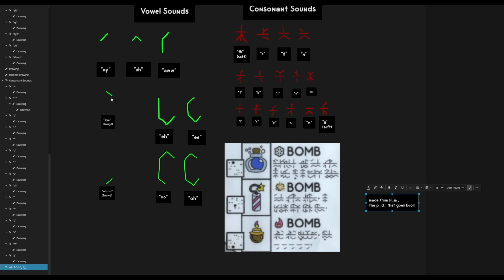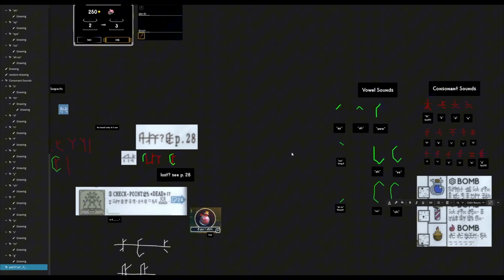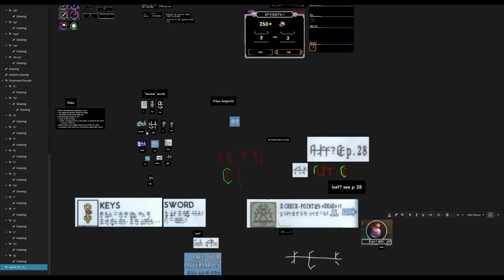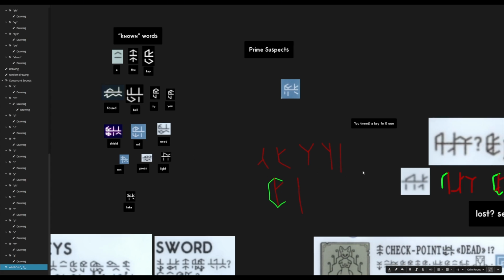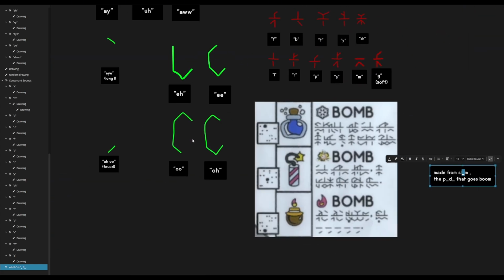No, that's the long I. Made from what is that? Because where did I find long I? It was in a word that I know. Light. Is that lit? I think that's you found a light.